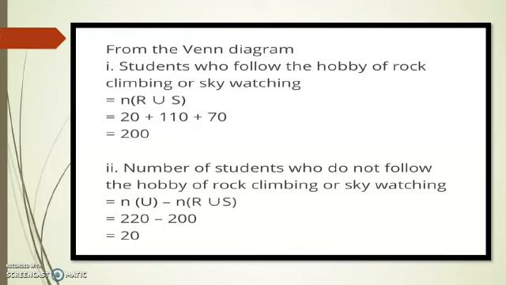That is 20 plus 110 plus 70, which is equal to 200. In the second one, number of students who do not follow the hobby of rock climbing or sky watching equals total number of students minus number of students in R union S. That is 220 minus 200, which is equal to 20.